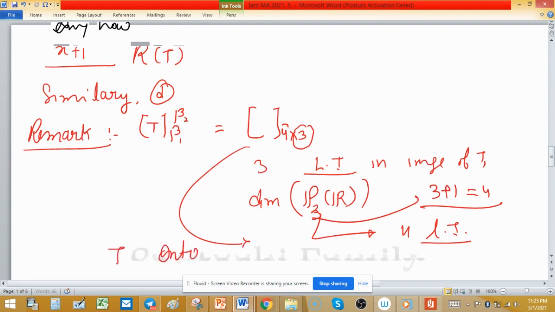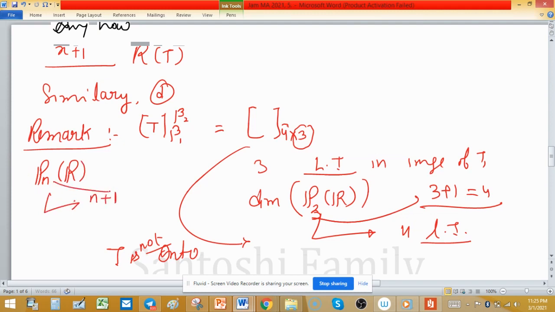So T is not an onto map. In general, the dimension of this set is n plus 1, meaning the dimension is 1 more than the polynomial degree. So this is a basic question related to linear transformation, and you can check how we solve it.